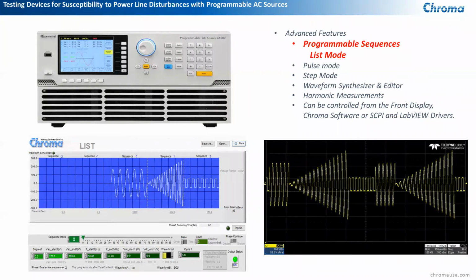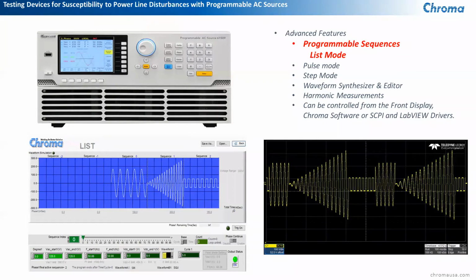As you can see here, I've shown a screenshot of the actual software. It's a Windows software package. It's completely standalone, executable. You don't have to have NI LabVIEW to operate it because it's fully standalone.